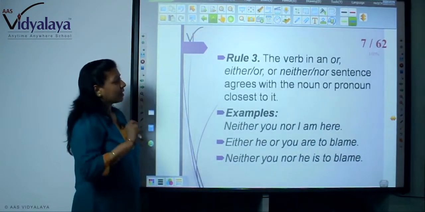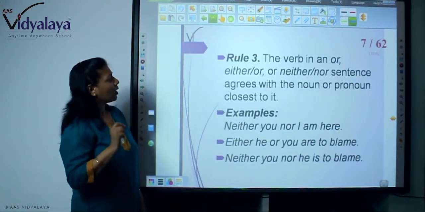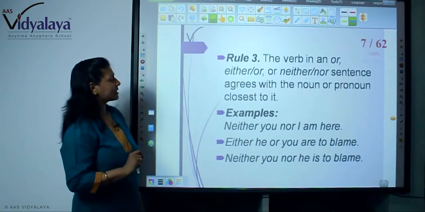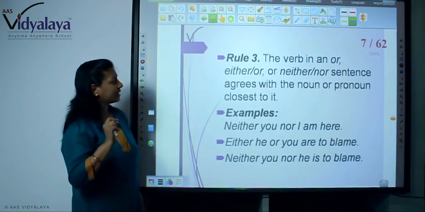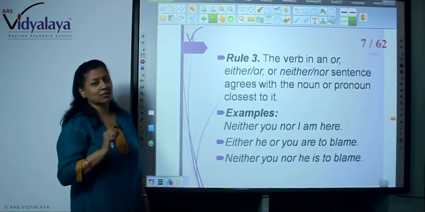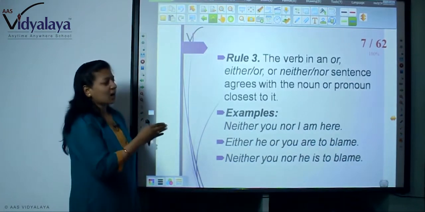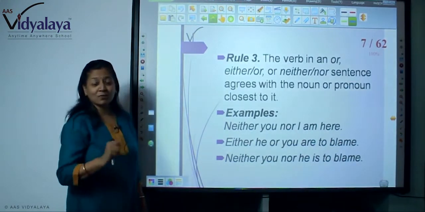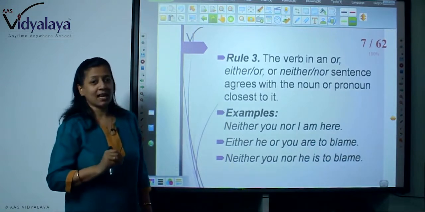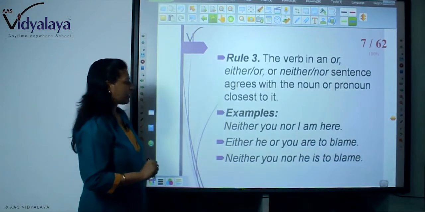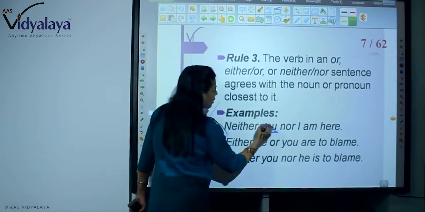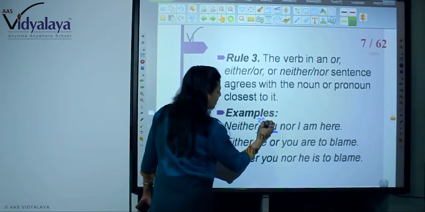Next, third rule. The verb in an either or, neither nor sentence agrees with the noun or pronoun closest to it. Which noun or pronoun is there? First person, second person, third person, I have told you. For example, here, you is the second person.